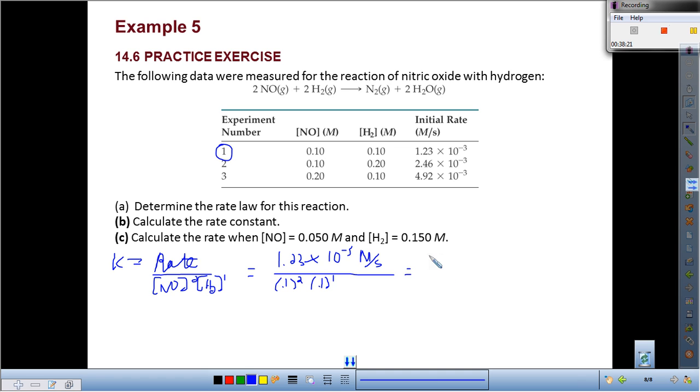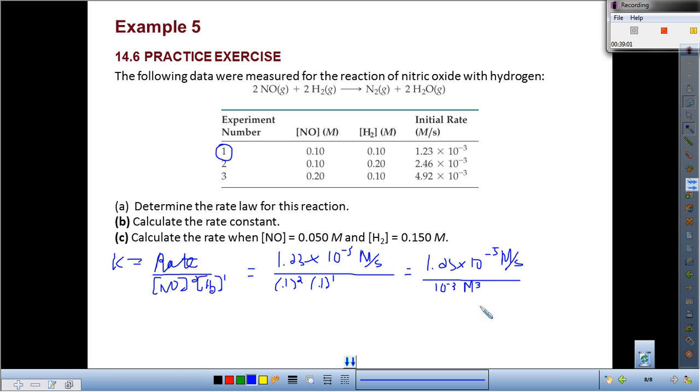Alright, let's do a little math. 1.23 times 10 to the negative 5 molar per second divided by 0.1 squared is 10 to the negative 2 times 0.1, or 10 to the negative 1, gives me 10 to the negative 3 molar cubed.